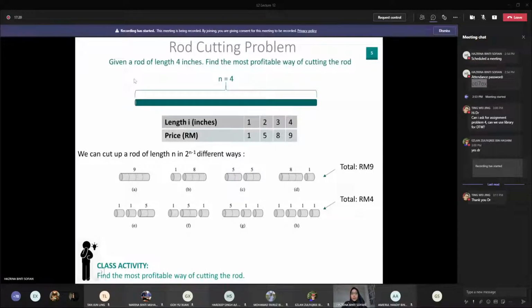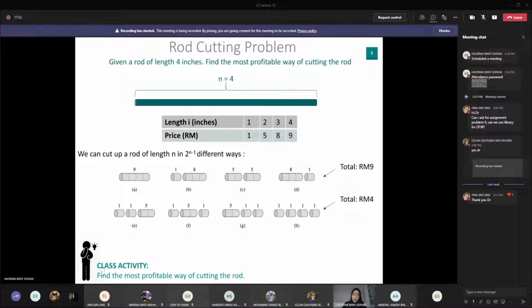So given a rod of 4 inches, so N is 4. We can cut up the rod of length N in 2 power of N minus 1 different ways.